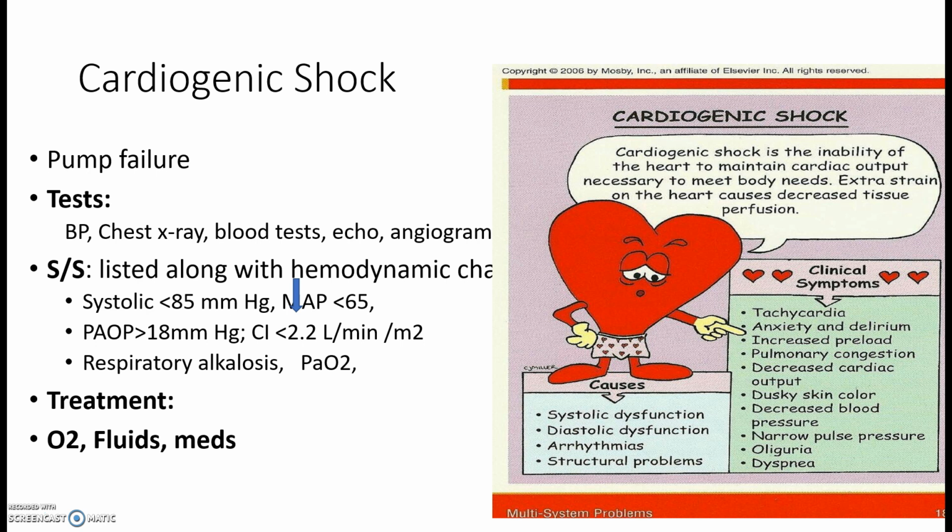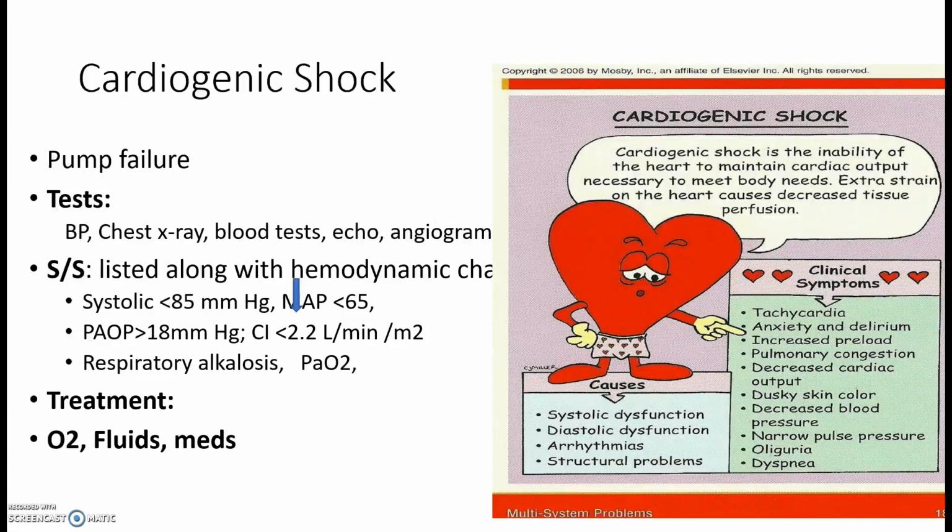But cardiac index, which is a much better measure of cardiac output and proper perfusion based on total body surface area of the individual patient, will be less than 2.2, meaning cardiac index is suboptimal.